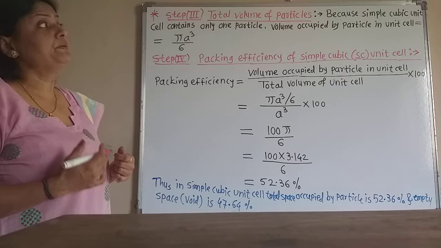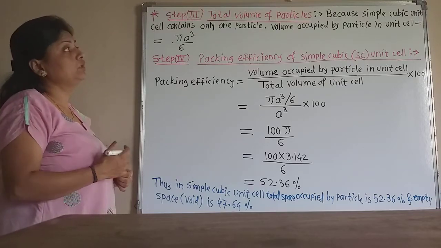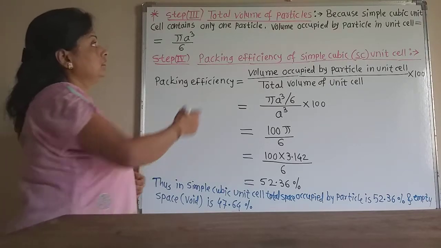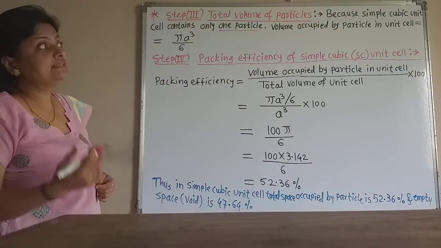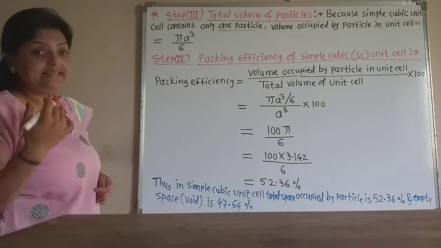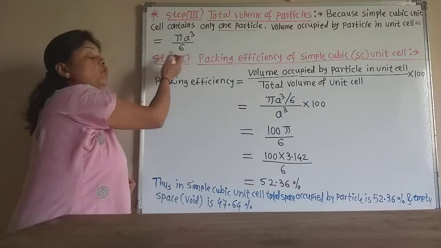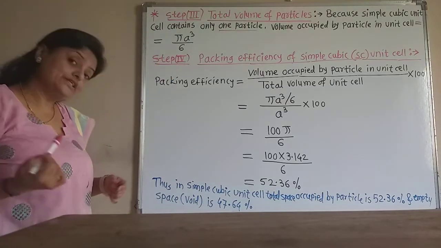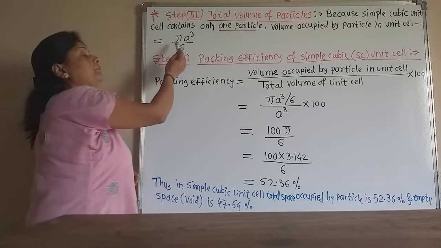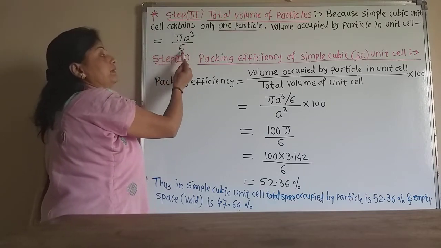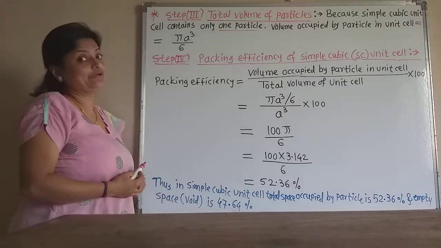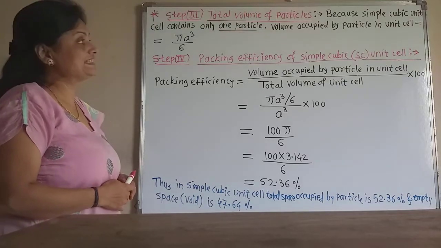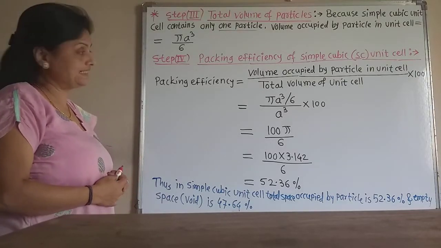Because the simple cubic unit cell contains only one particle, the volume occupied by the particle in the unit cell is nothing but the volume of one particle. And what is the volume of one particle? Pi into a cube divided by 6.